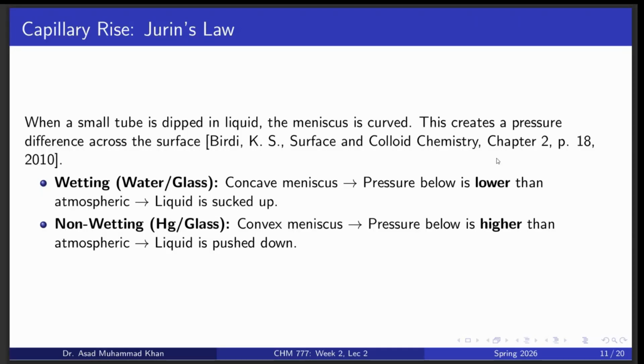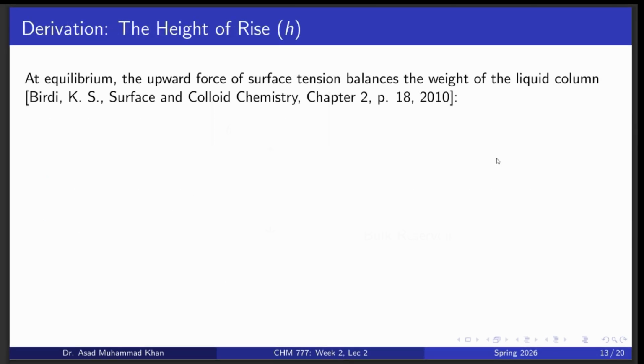So if we have water glass interface, the concave meniscus is obtained, which means that pressure below is lower than the atmospheric pressure and the liquid is sucked up. If it is non-wetting situation, that is the mercury and glass, then the convex meniscus is formed, pressure below is higher than the atmosphere, liquid is pushed down. Okay, these two types of situation can happen.